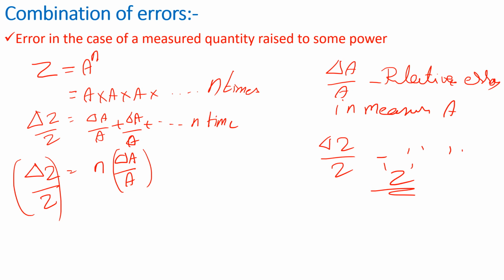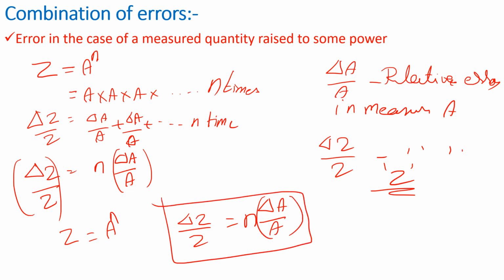N into delta A by A. So if the measured quantity is A to the power n, then the relative error in the measurement of Z is equal to n times, that is the power, times the relative error in the measurement of A. That is the formula for the error in the case of a measured quantity raised to some power. That completes the concept of the combination of errors. Thank you.